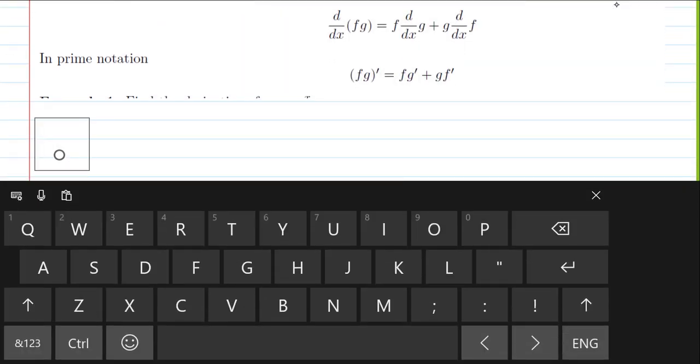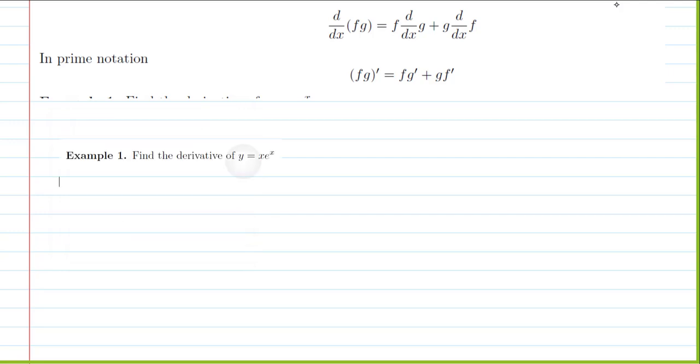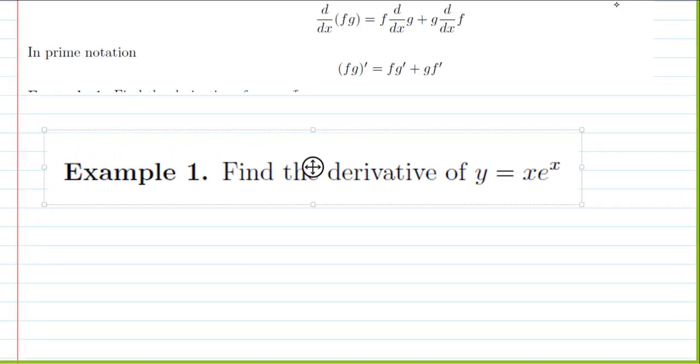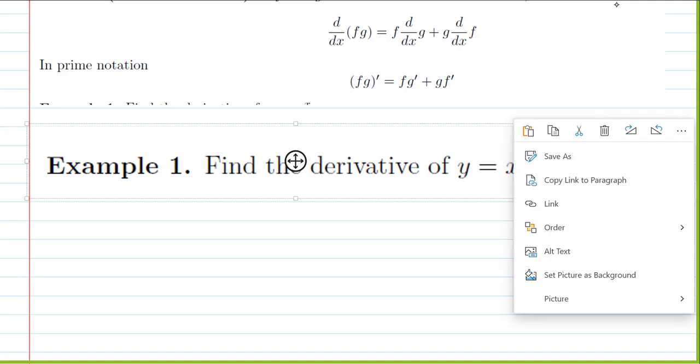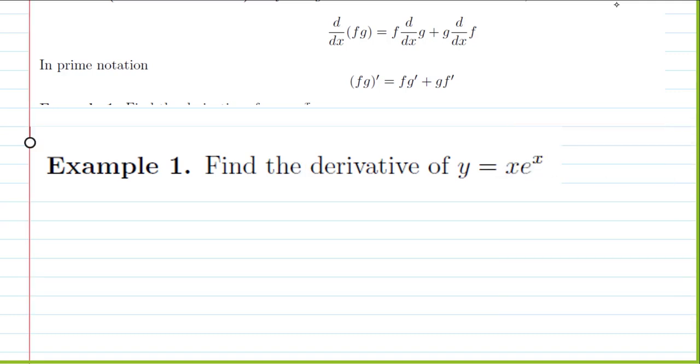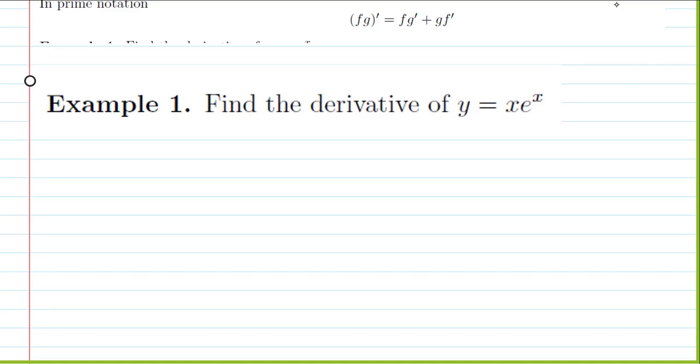So we wish to find the derivative of y equals x times e to the x. The first thing we need to do is use the product rule. I am going to identify f as x.